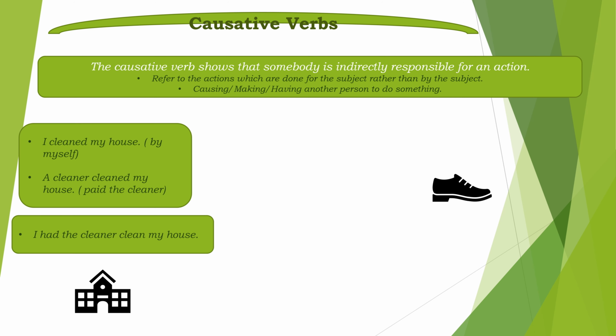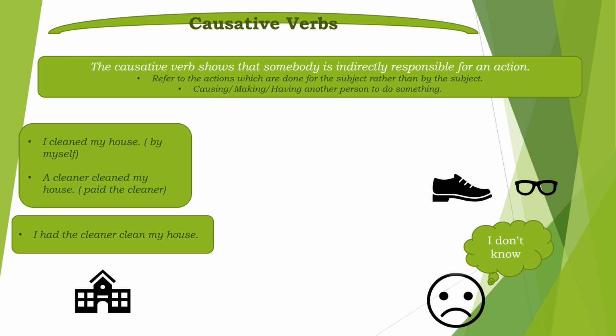Let's look at another example. I don't know how to fix a shoe and glasses. If they are broken, I can't repair my shoe. I can't repair my glasses. Now what to do in that case?